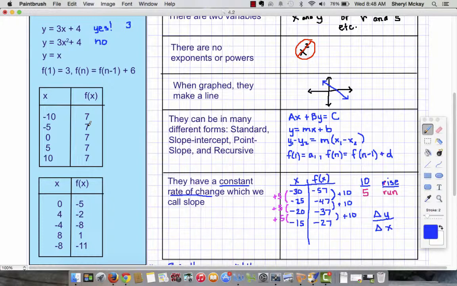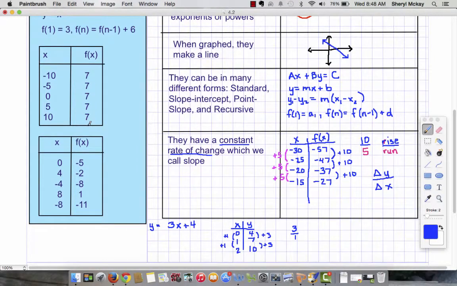Well, this one might have confused you, so let's just take a look at it real quickly. Y equals x. If I did a little table, x and y, when x is 0, y is 0. When x is 1, y is 1. When x is 2, y is 2. Well, what's the difference here? Plus 1, plus 1. What's the rate of change? 1 over 1 or 1.